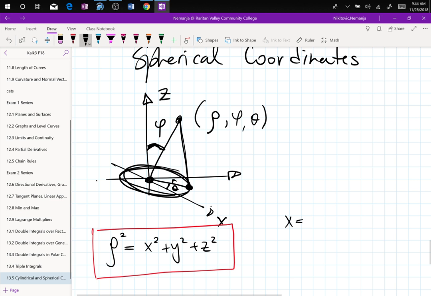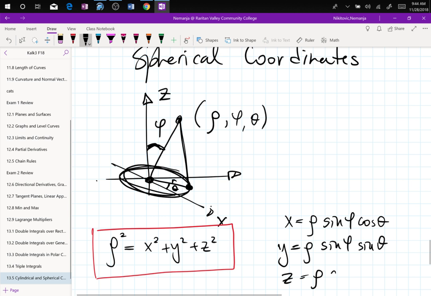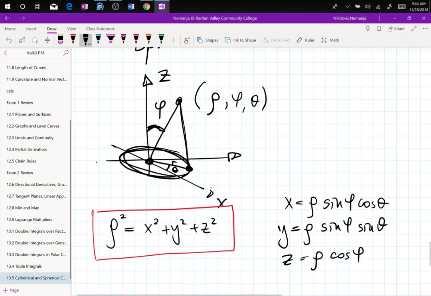This is more the reference than memorizing. So x equals rho sine phi cosine theta. When you need this stuff, you look it up. y equals rho sine phi sine theta, and z equals rho cosine phi.